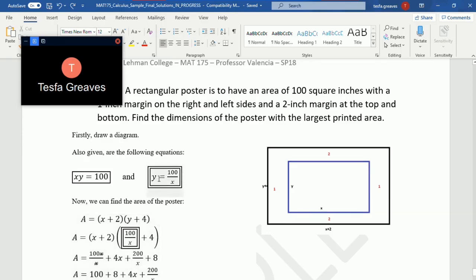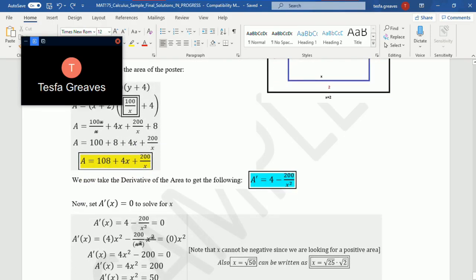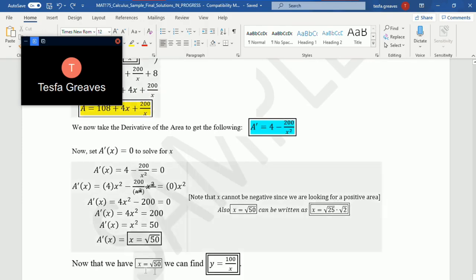We were able to use what we know for Y to put it inside of our constraint to solve for a given X. Once we have our given X with all this math that we did, understanding the concept of derivatives and power rule, we're able to drill down until we find that X is equal to radical 50 or X is equal to 5 radical 2. We have that X, we could put it into our Y now.